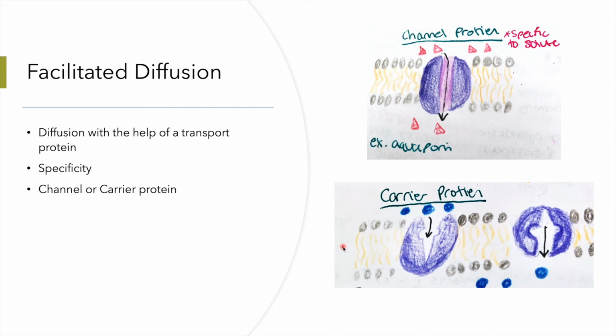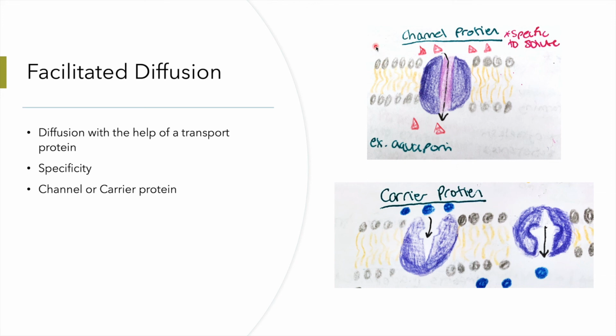Carrier proteins switch between two formations. Once the specific solute binds to the transport protein, the shape of its binding site changes, and it releases the solute to the other side. Once a new solute binds, the shape changes once more, and the solute is secreted to the other side.